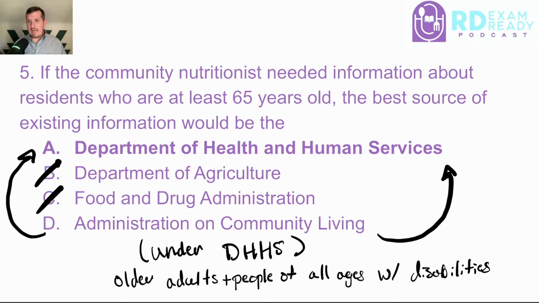So I see why a lot of us landed on D, and I see why a lot of us landed on A. I could see it going both ways, but I think my best source would be DHHS in general, because it's going to hit all of the residents who are 65 and older, not just D, which would be older adults and people of all ages with disabilities. But I could see it both ways there.